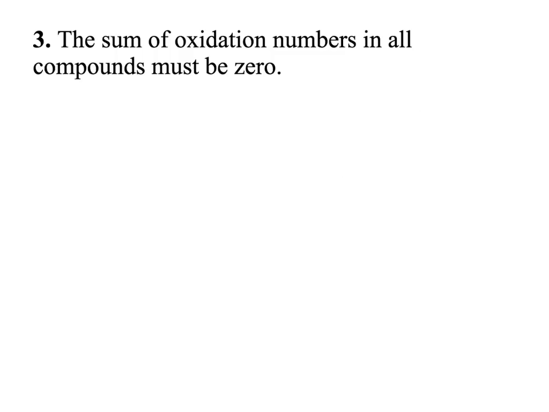Rule number 3. The sum of oxidation numbers in all compounds must be 0, which is understandable because we remember that the compounds must be electrically neutral. So let's look at the example. Here's sodium chloride.